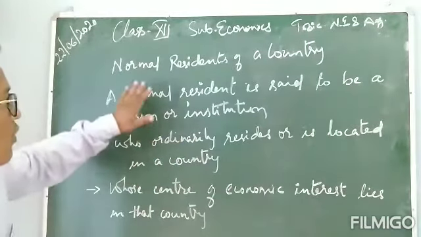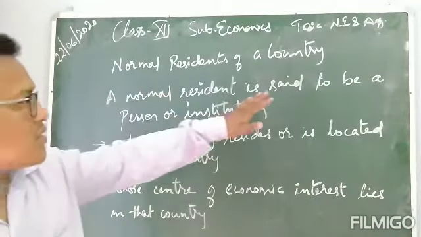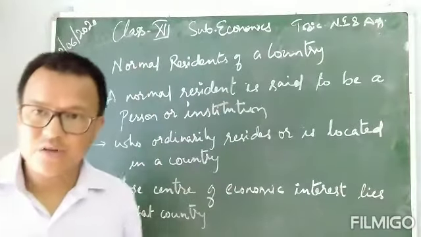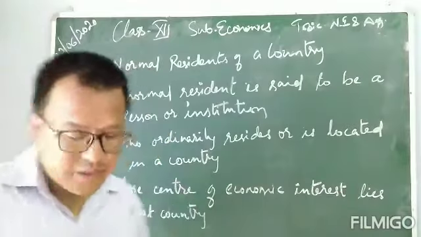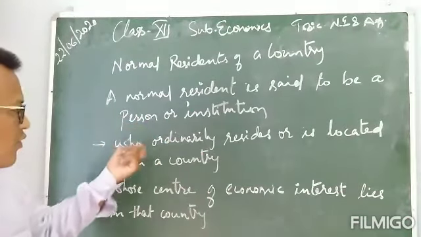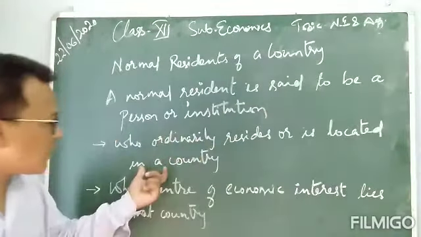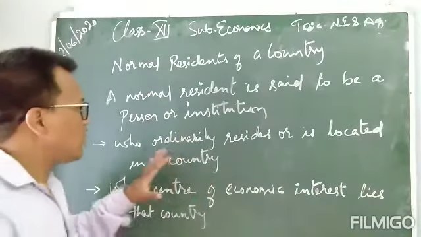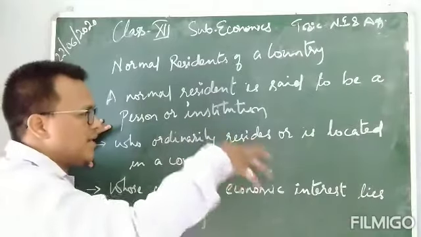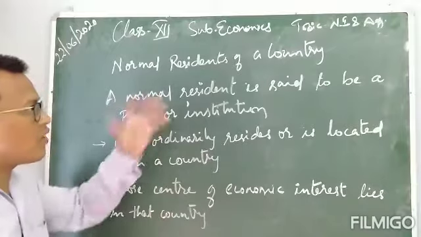Now who is a normal resident? A normal resident is said to be a person or an institution, but they have to fulfill two conditions. First, who ordinarily resides or is located in a country. So those persons or institutions who reside in the location of our country are called normal residents.